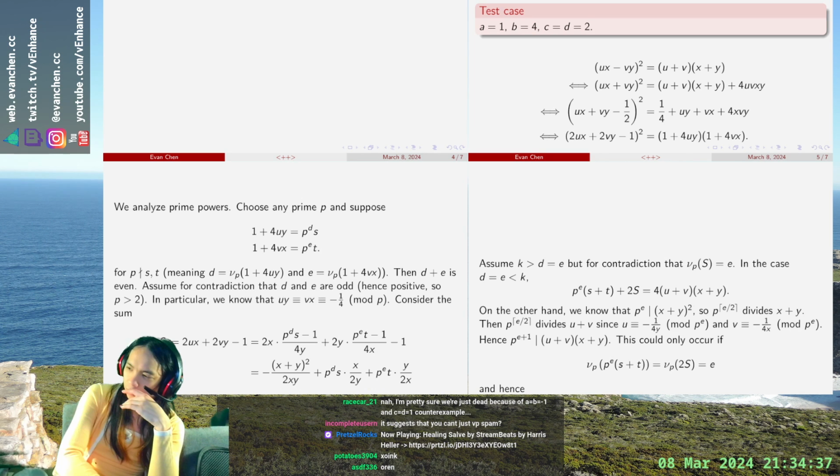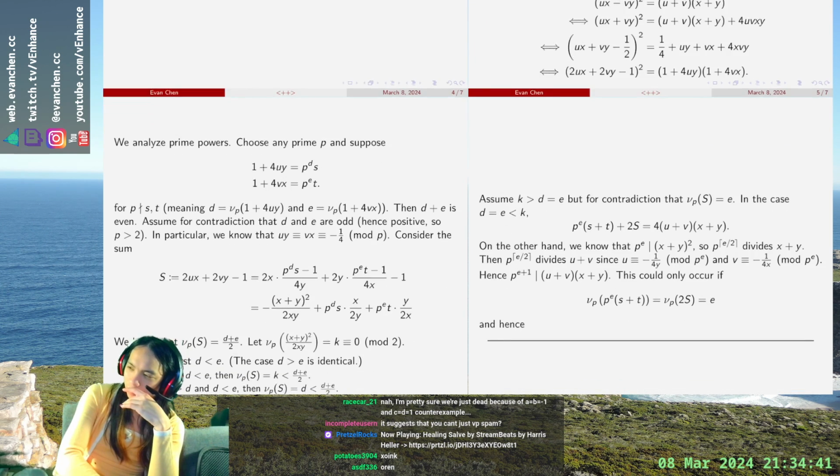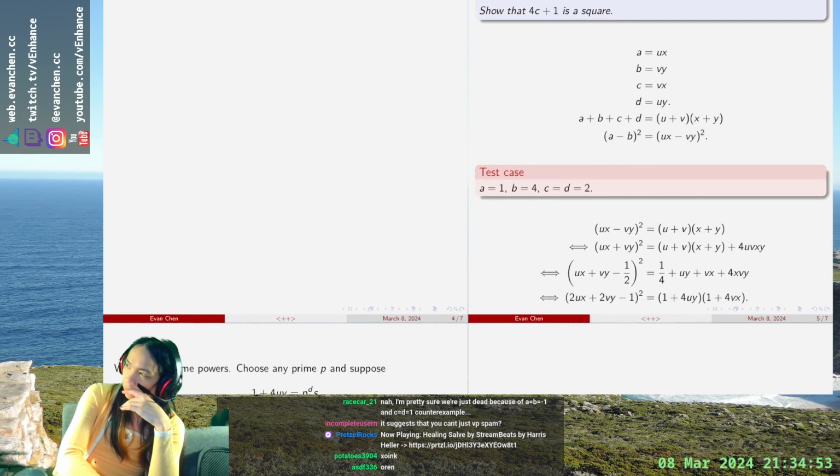Oh, yeah, that does seem to be. And then what is s in that case? No, sorry, it's u equals -1, v equals -1, x equals y.